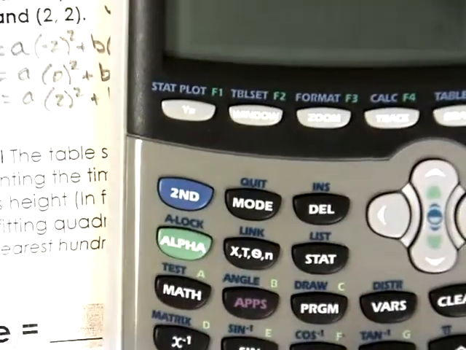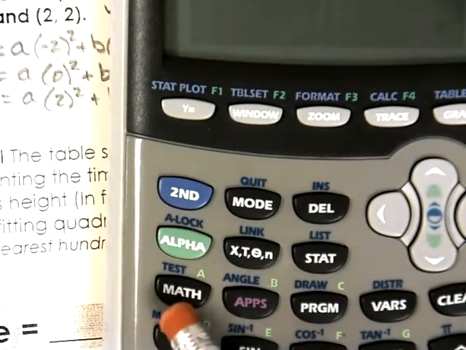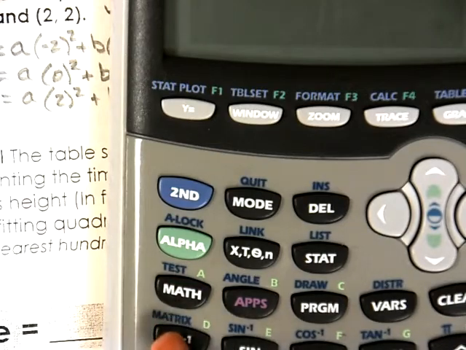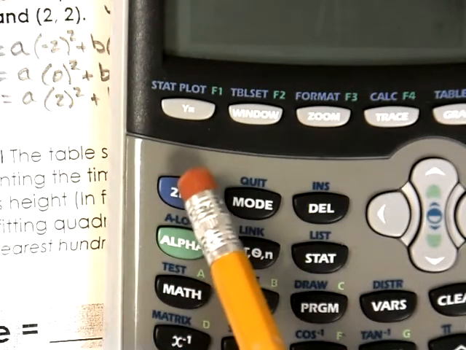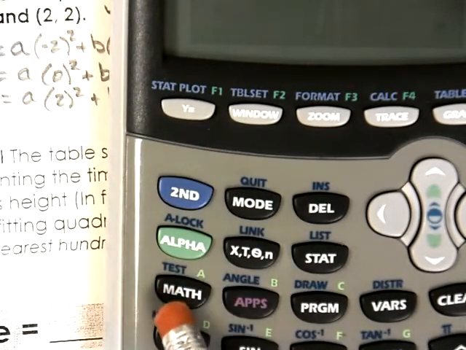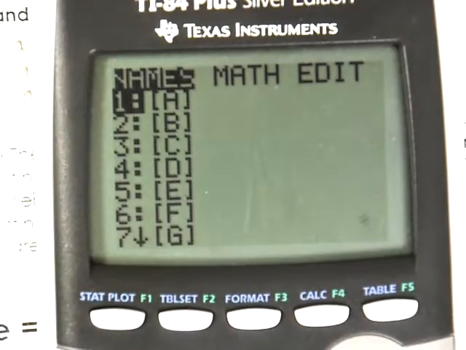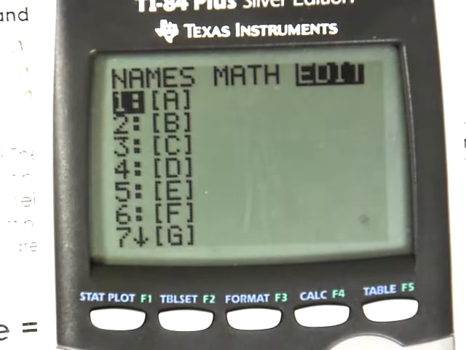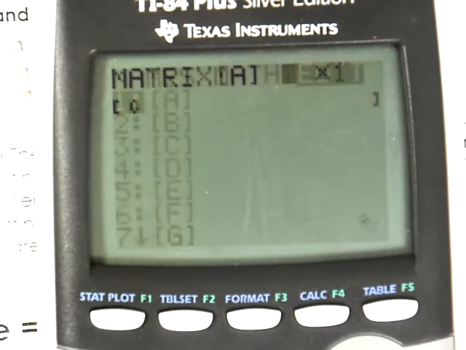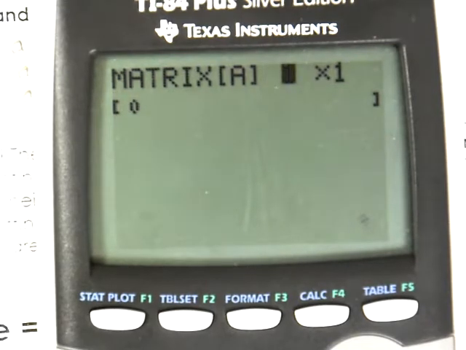So the matrix button is right down here. It's right underneath the math button. So it's written in blue, so we have to hit the second and we have to hit the matrix. You get a screen that looks like this. Well, we're going to be editing what our matrices look like. So we're going to go over to edit and we hit enter for this A matrix.